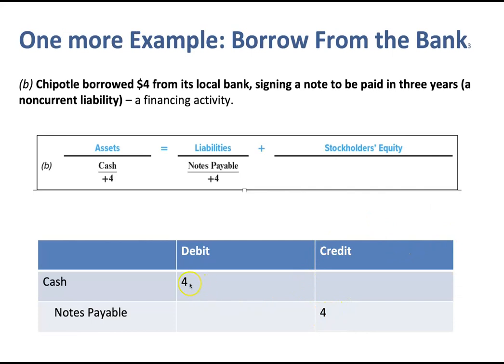We would debit cash for $4 and credit notes payable for $4. Again, an experienced accountant, when looking at this entry, understands that this table basically tells us cash increases and liability increases, both for $4.